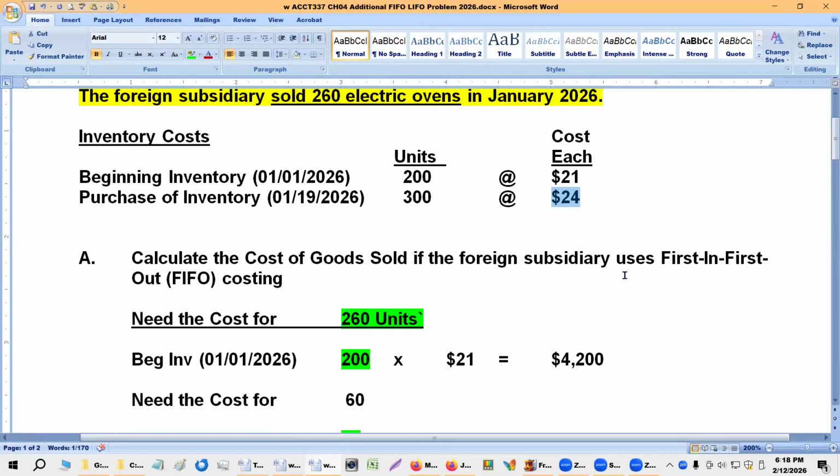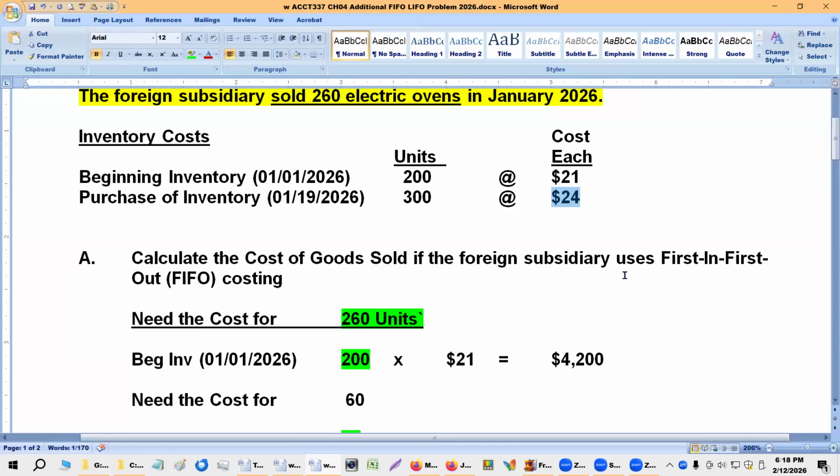And for that reason, it used to be in the 20% range of companies that have it, but now it's probably somewhere around 11, 13%. I can't remember. It depends on what you look at as far as companies that actually use it in their financial statements. So anyway, we're going to say that the last ones in were the first ones sold.